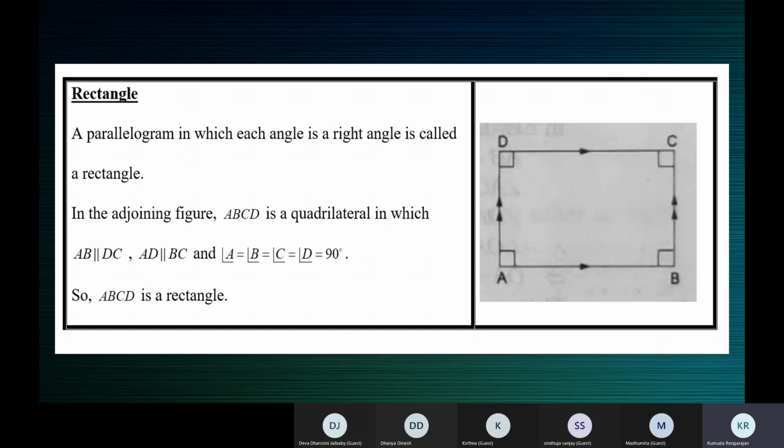Then that parallelogram is a rectangle. So remember, a rectangle is a parallelogram. Other than the properties of a parallelogram, it has some special properties.